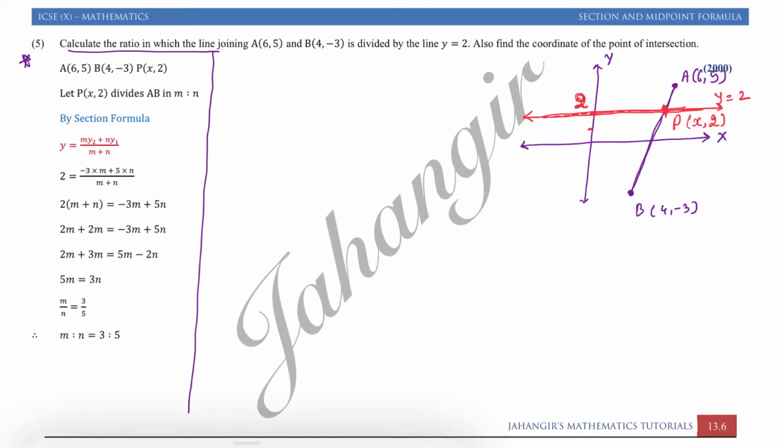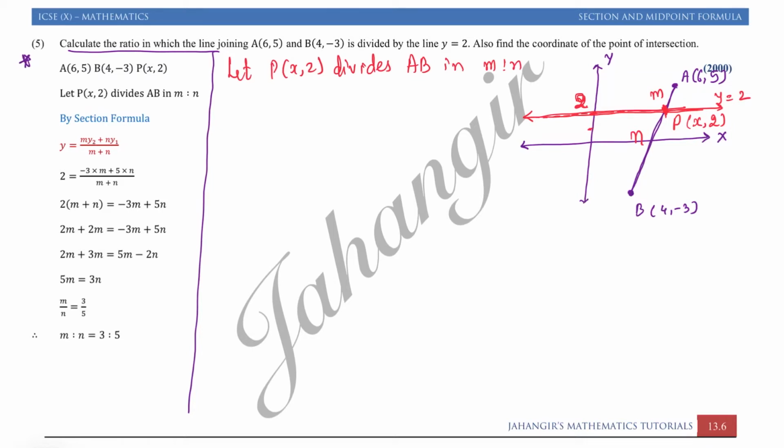So I can say let P x comma 2 divide AB in the ratio of m is to n. Here the ratio is AP is m and BP is n. You can take it that way.